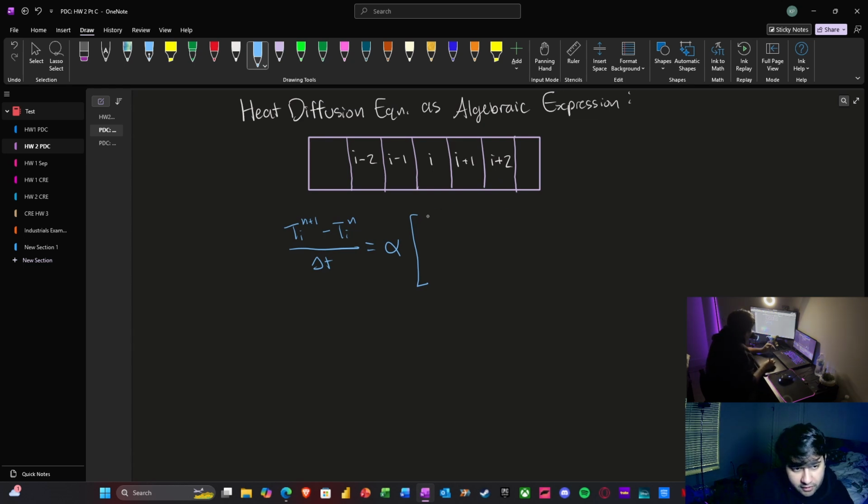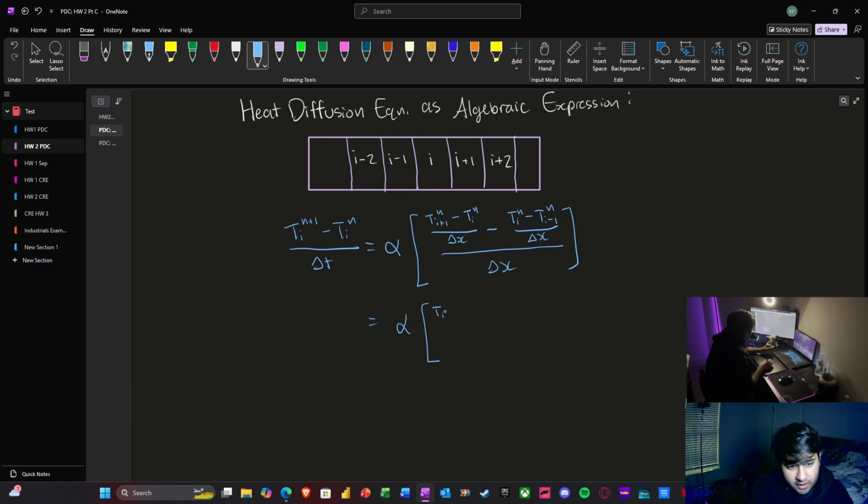So what we will have is T i plus 1 n minus T i n over delta x, minus our T i n minus our T i minus 1 n over delta x, and we're going to divide that all by delta x, and then we're going to go ahead and simplify this.